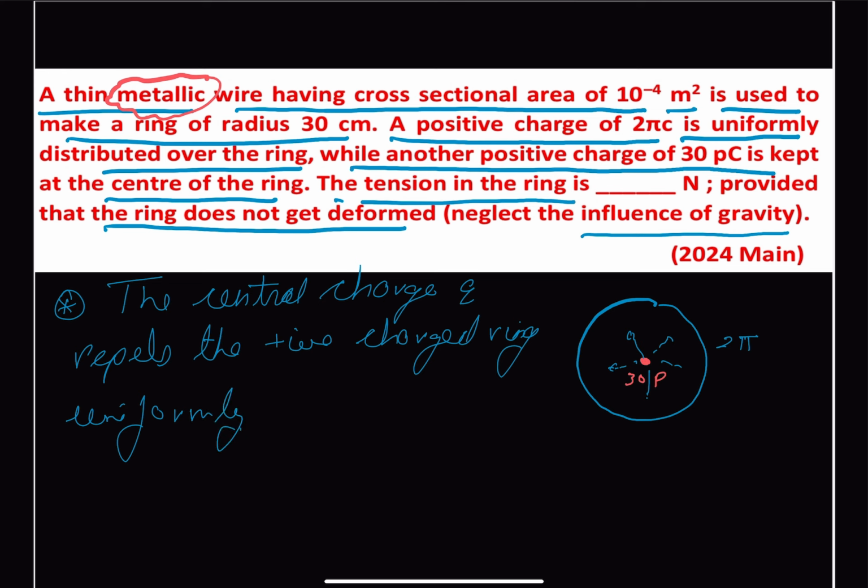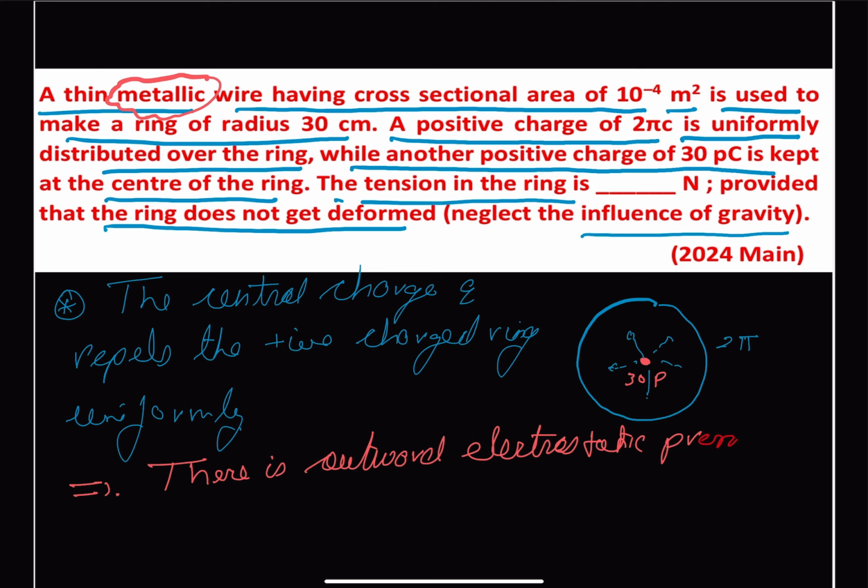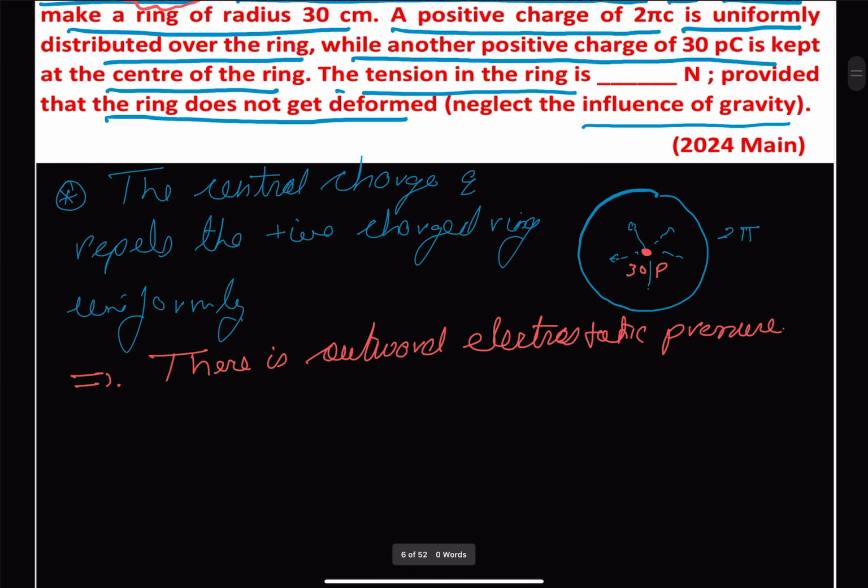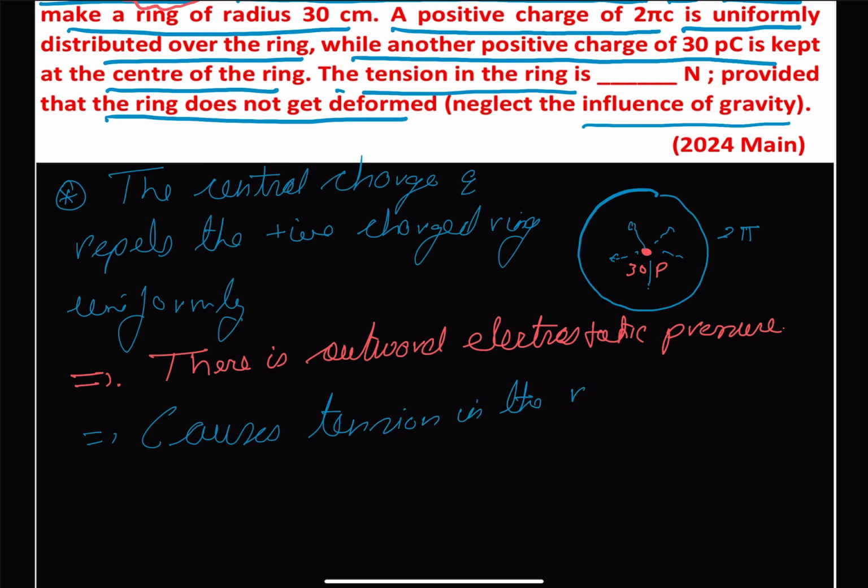And from here we can say that there is outward electrostatic pressure which causes tension in the ring.